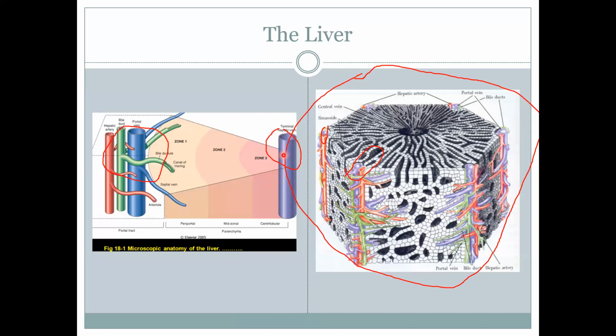As a result, whenever there is an ischemic injury, this is the first region you look at under the microscope, zone 3. Whenever there is a toxic injury, this is also the first area you look at. So zone 3 is a pretty vulnerable zone. Between them is zone 2, which is halfway between the two.